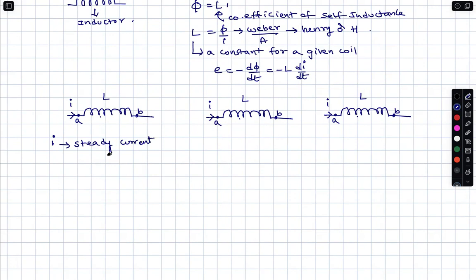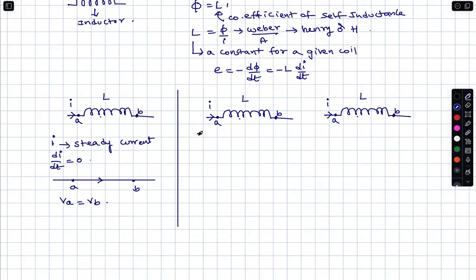In case of steady current, di by dt is 0. So therefore, an inductor behaves like a conductor, AB. I'm assuming ideal conditions where the inductor has no resistance. In this case, VA is the same as VB. Remember, for steady current, this inductor behaves like a conductor. First observation.